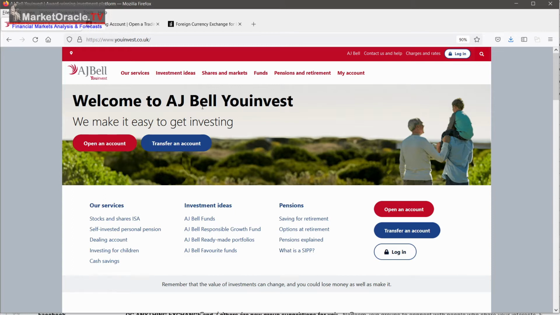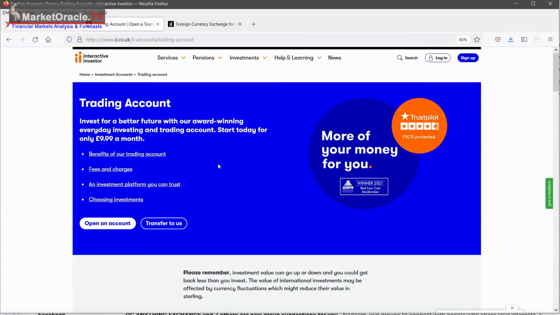I think it's £20 to buy a foreign share. Again, AJ Bell overcharges. II is £7.99 to buy a share, but they give you a rebate on the £10 a month for each share you buy. So £10 minus £2 costs per month, because £8 is the fee to trade.